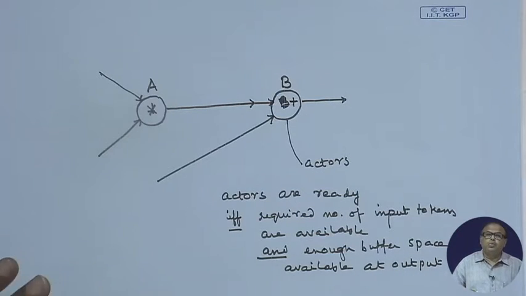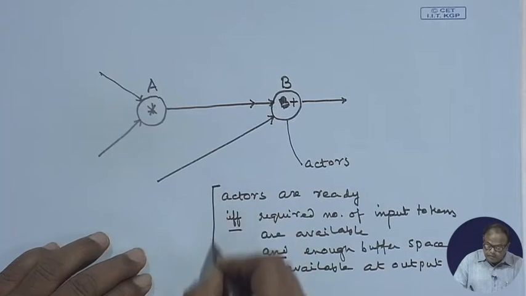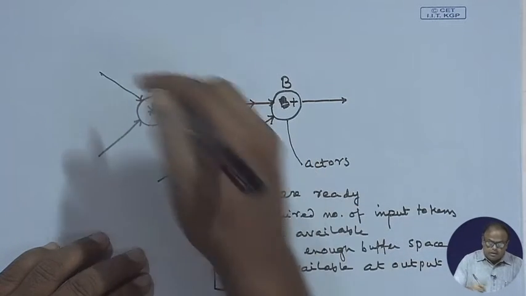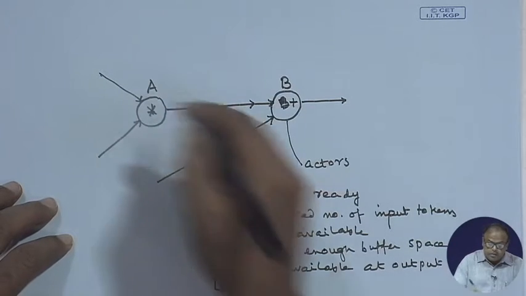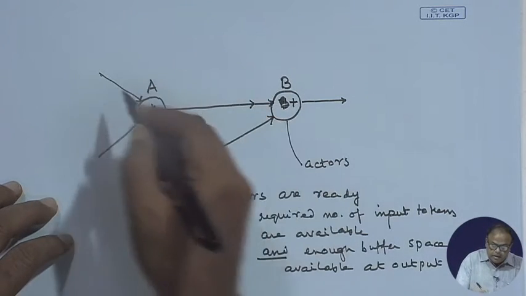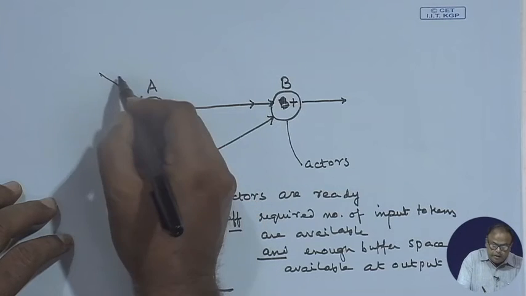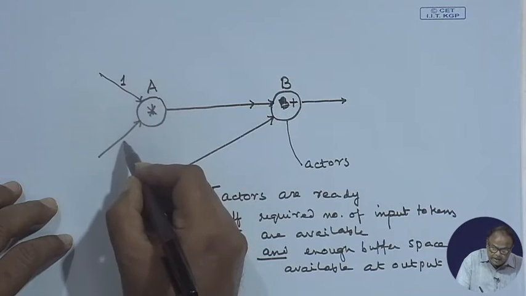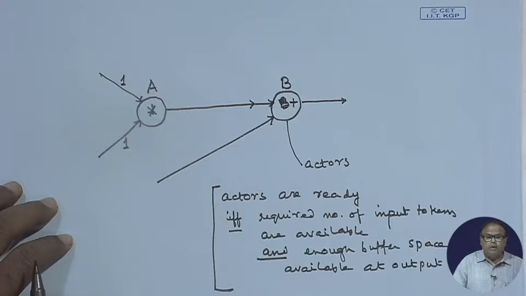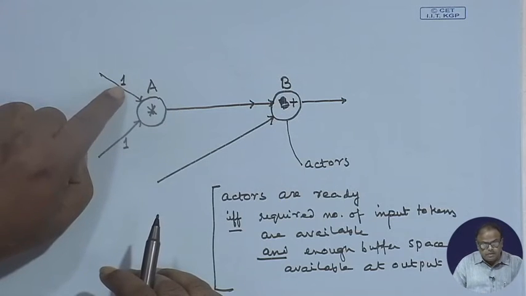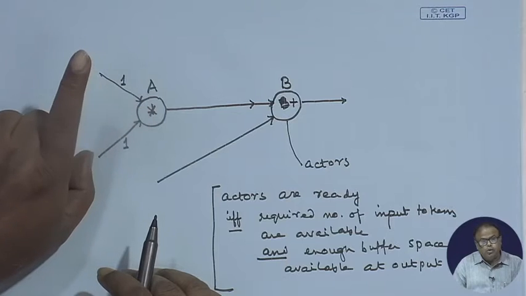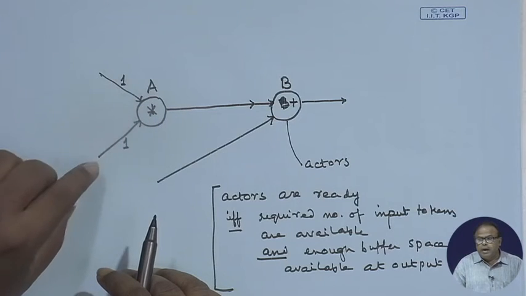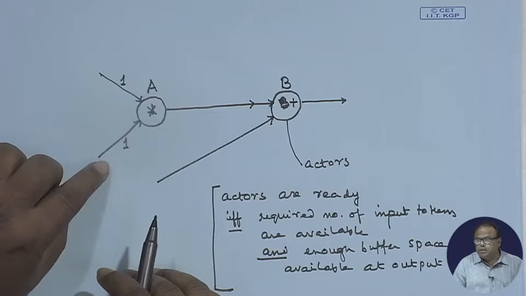Now, is it clear? Say for example, I can put weights on these edges. What does it mean? It means that at this input, only one token is required. At this input also one token is required.